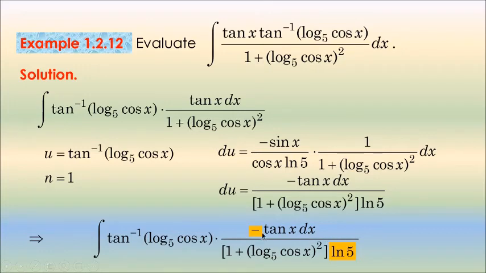But since we multiply this integrand by negative 1 over ln 5, we have to compensate that outside the integral. So multiply outside by negative ln 5, which is the reciprocal of negative 1 over ln 5.